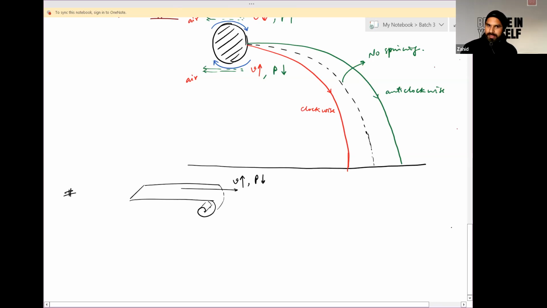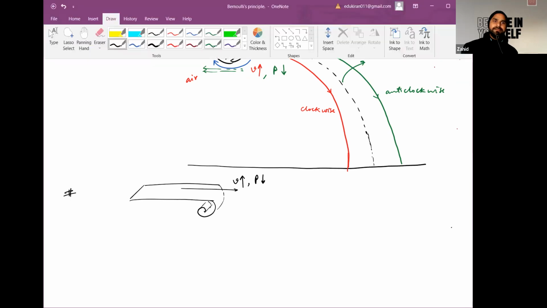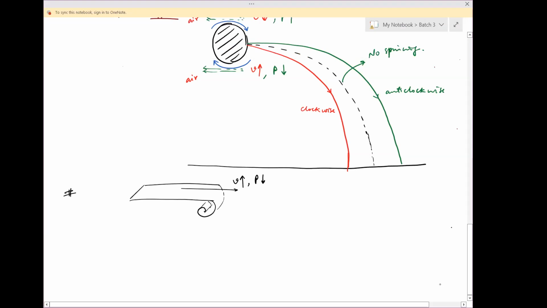Due to this decrease in pressure at the upper level, this folded paper will tend to go up, so it may get straightened. Is it clear? Yes, sir. Any doubt? No, sir, no doubts. Okay.